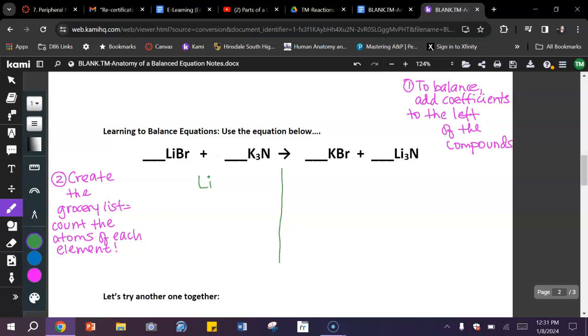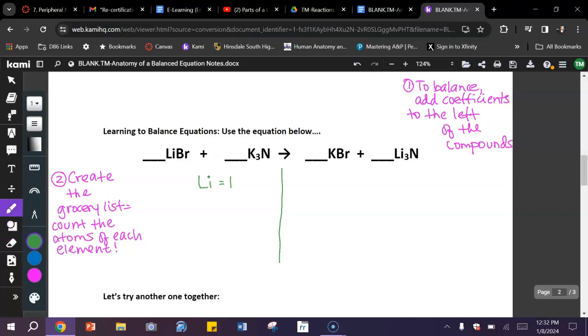But on my reactant side, I have 1 lithium, and I know that I have 1 lithium because there is no subscript next to my lithium atom. And remember that just like in algebra, in chemistry, we don't write the ones. So if there's no number there at all, then you just assume that you have 1 atom of that element. So I've got 1 lithium.